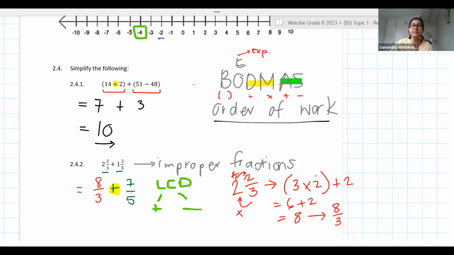Okay. So as Karabo said in the chat, the way we find an LCD is to essentially find the lowest common multiple between the 2 denominators. So your 2 denominators here are 3 and 5. So I want to know what is the smallest number that both 3 and 5 can divide into without a remainder.